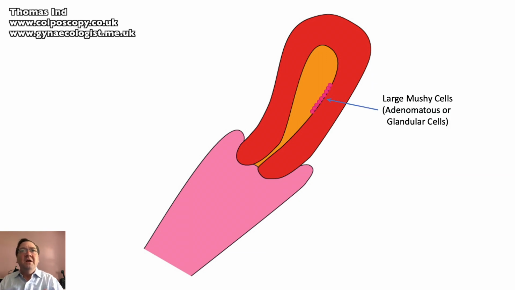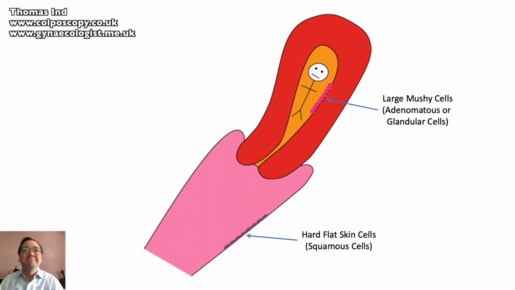Now, the lining of the womb is lined by large mushy cells. If you're a doctor, that would be adenomatous cells or glandular cells, but large mushy cells. And they're really designed for pregnancy, perhaps keeping babies warm, and implantation of the placenta.